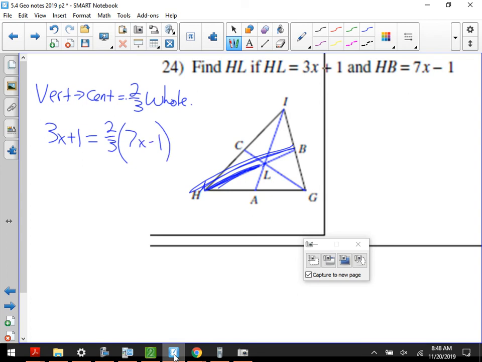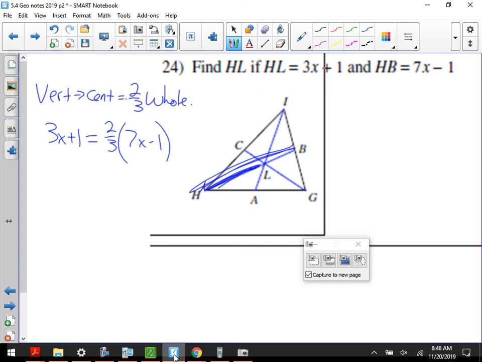Once again, you can use your calculator to do this. It does the math for you. Or, like we did before, instead of undoing 1/3, we multiply by the reciprocal. What's the reciprocal of 1/3? It was 3. What's the reciprocal of 2/3? 3/2.